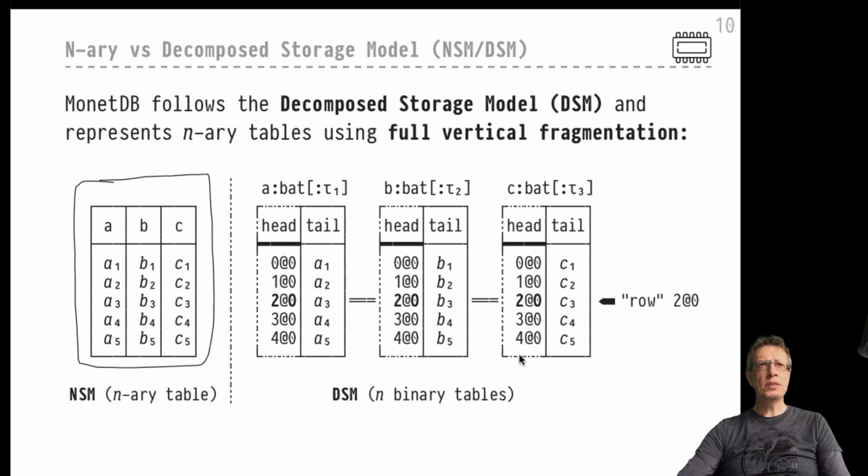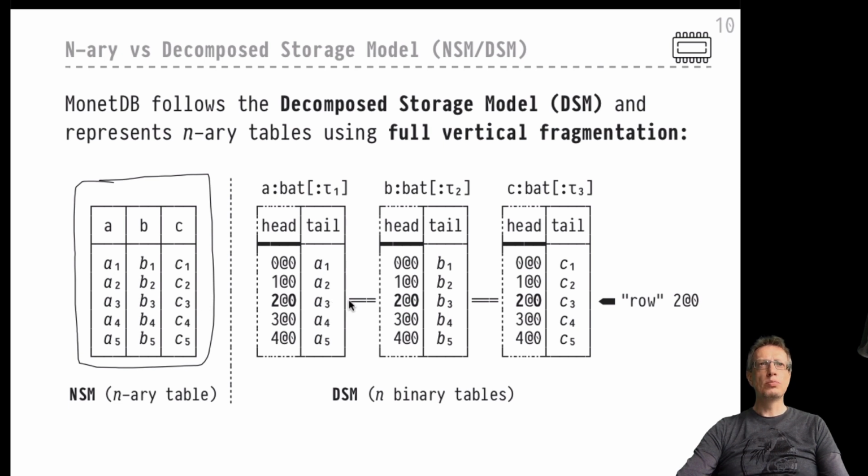To present this n-ary view, this wide view of the table again, these individual BATs are synchronized on their head columns, on their OID, or actually void columns, if you recall. So all of the entries that agree in their OID, which is 2 in this particular example here, all of the entries, individual BATs that agree on their OID column, make up for one original row in this wide table.